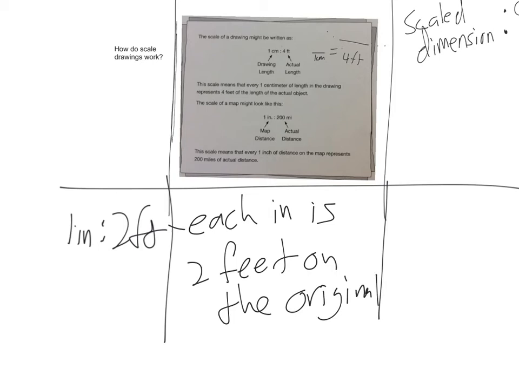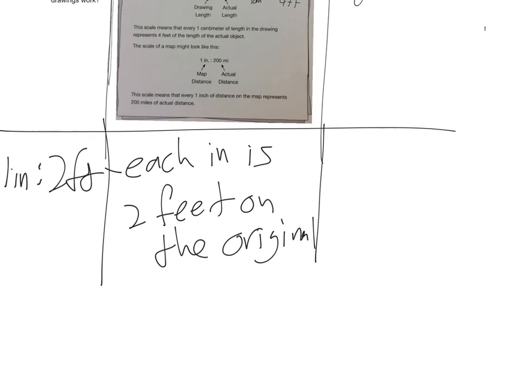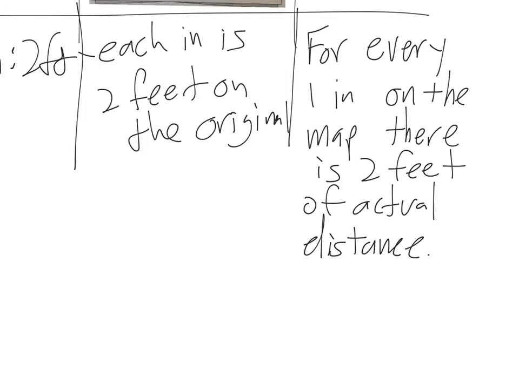Then say I just want to write a sentence. My sentence would be that for every 1 inch on the map, it represents 2 feet of actual distance. And there you can see I wrote that. For every 1 inch on the map, there's 2 feet of actual distance.